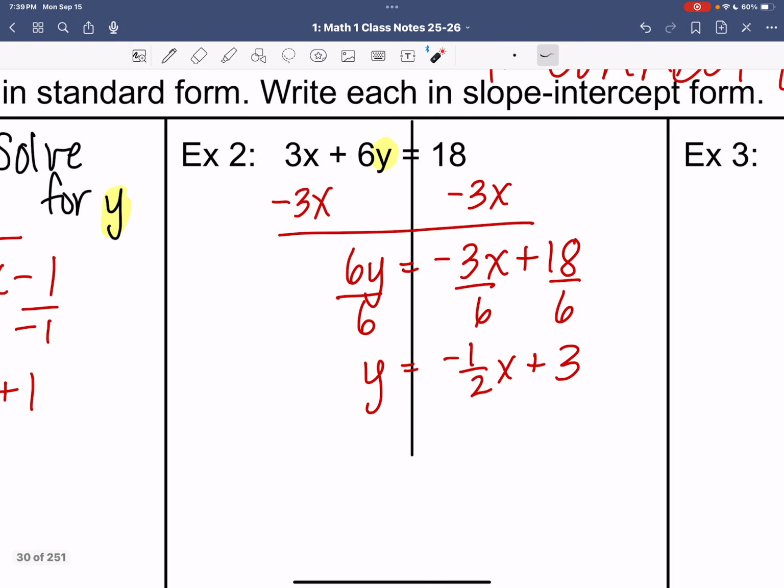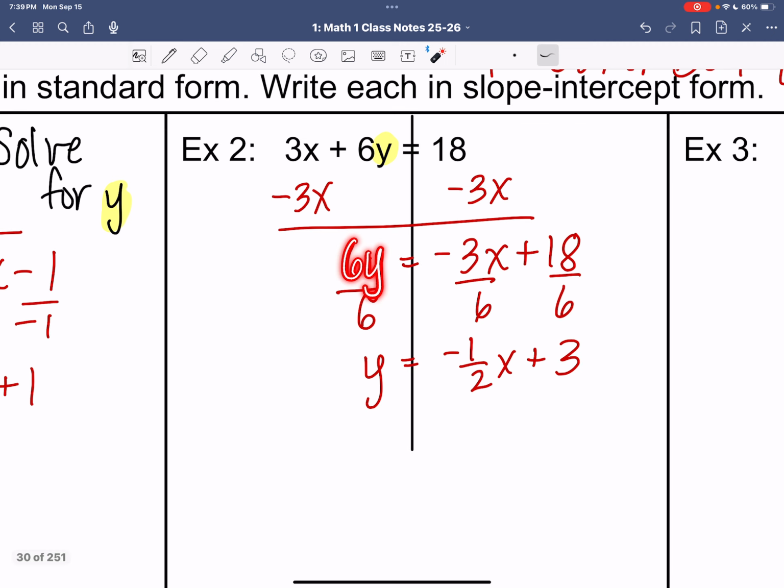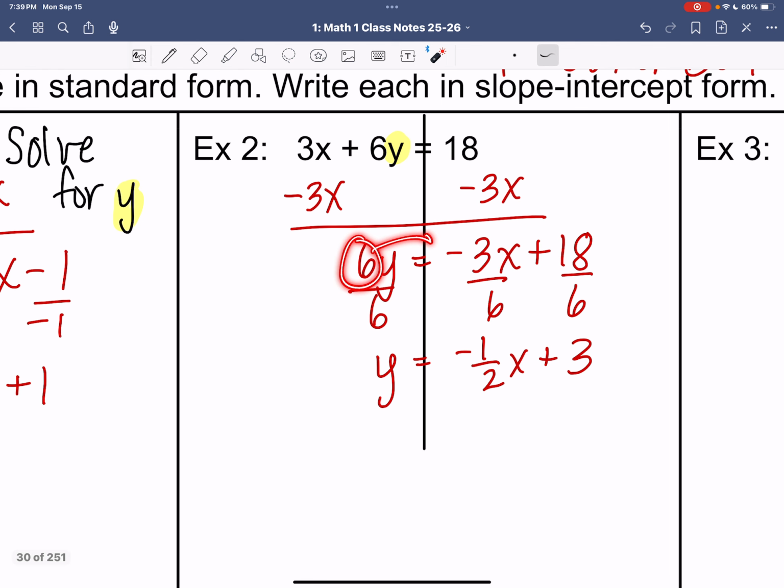And if you notice over here, we did the same thing. First, we want to move the x to the other side. So we did that by subtracting 3x. That's going to cancel and give you 0. So now you have 6y equals negative 3x plus 18. Now we got to move the 6 over here.